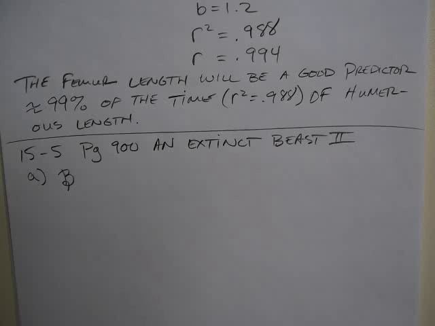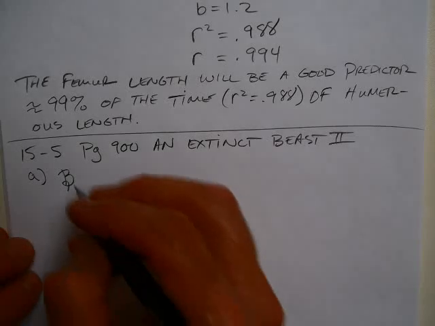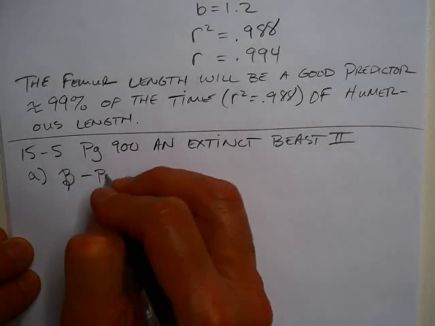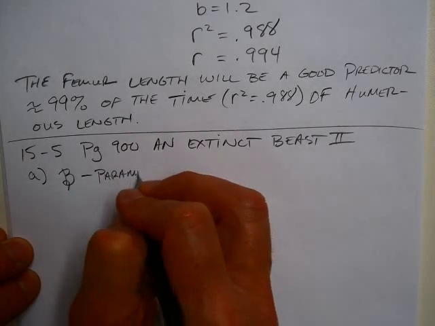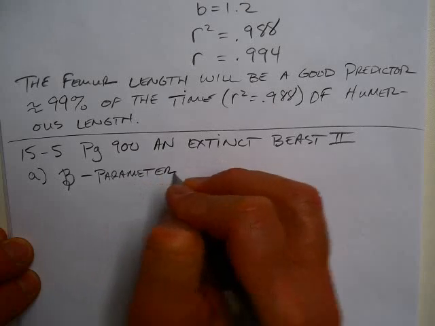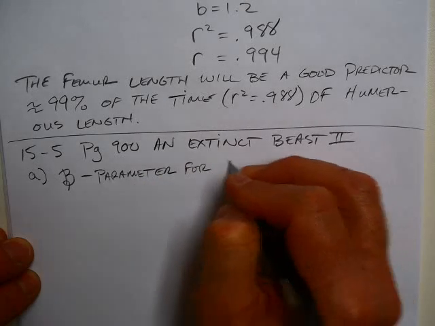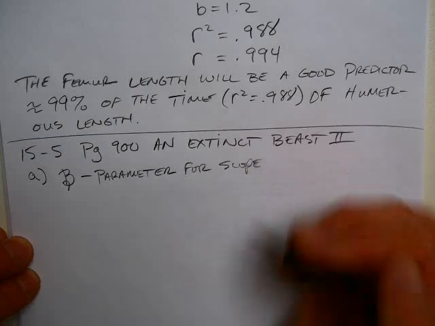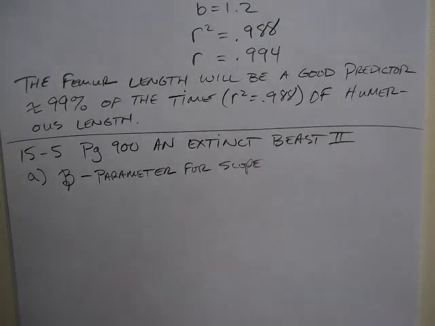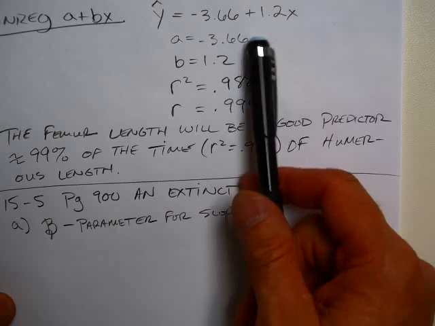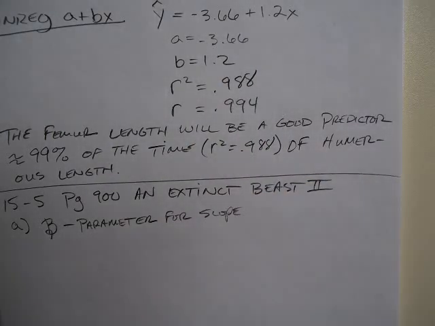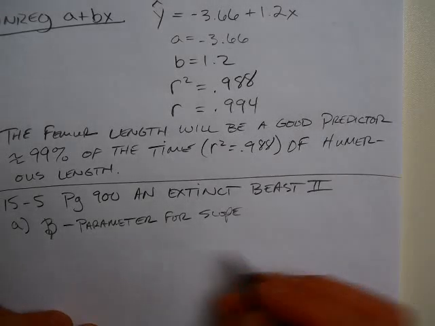It's the slope of the actual line of all Archaeopteryx, okay, which we could never really know. So this is the parameter for slope. And what it will do is it'll do exactly the same thing that this slope does, assuming that this is a good sample.